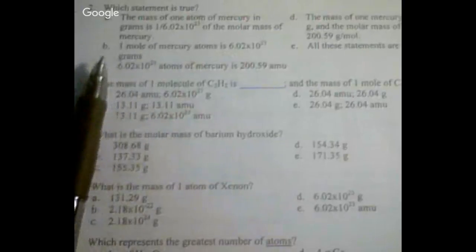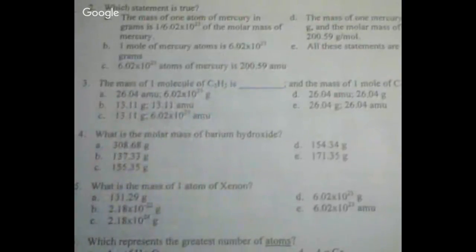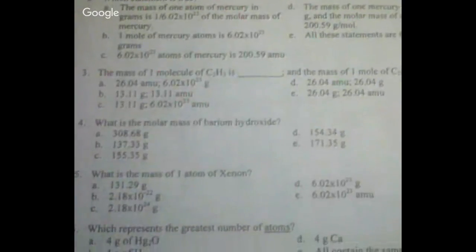If a mercury atom weighed 1 gram, which would be crazy because a gram is a decent amount of matter to be 1 atom, then this would be true. But 1 mole of mercury atoms is not 6.02 times 10 to the 23rd grams. C says 6.02 times 10 to the 23rd atoms of mercury is 200.59 AMU.